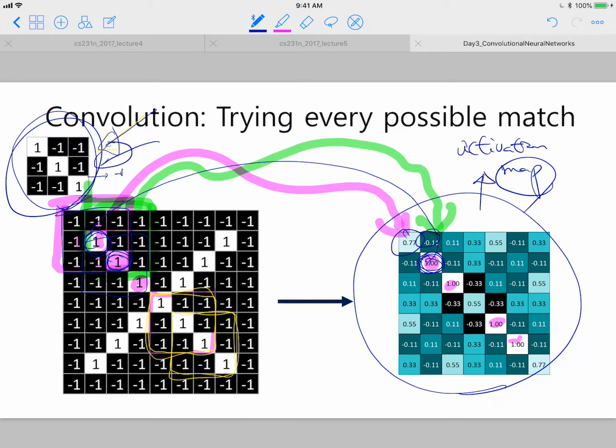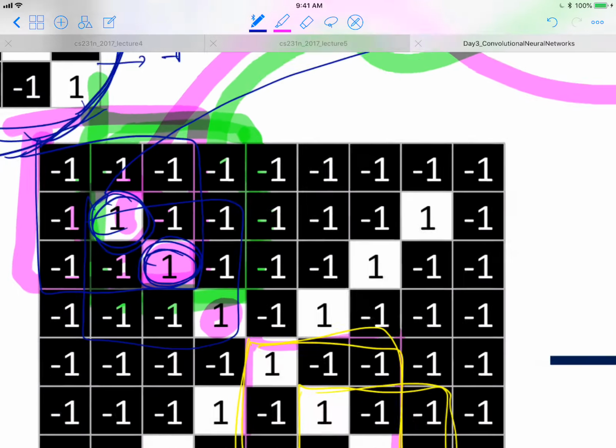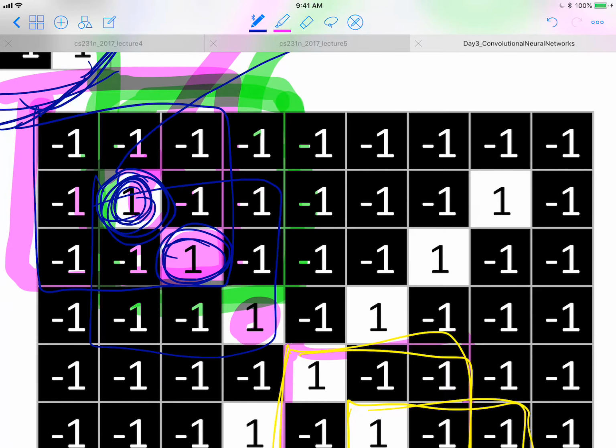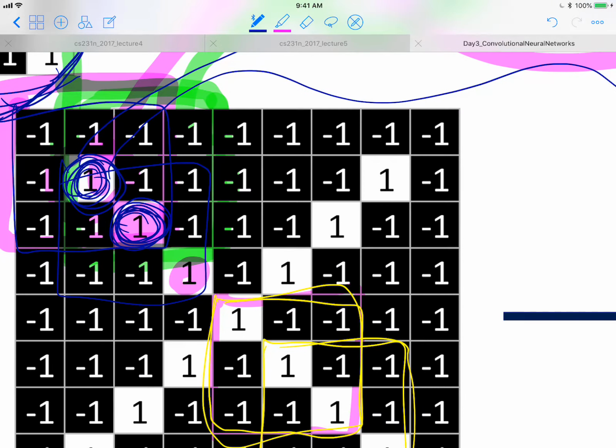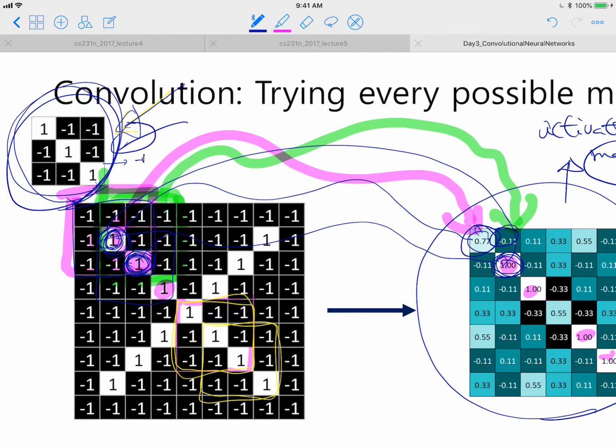So back to this. We have this filter to match among different locations, and I mentioned that this center pixel will have the activation as 0.77, and this center pixel will have the activation as 0.1, right?